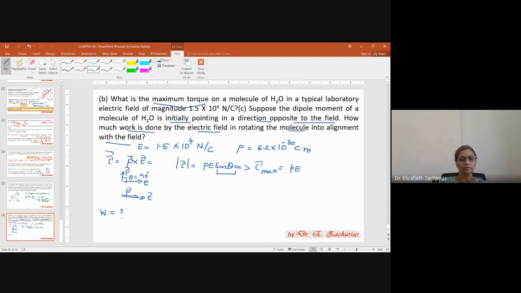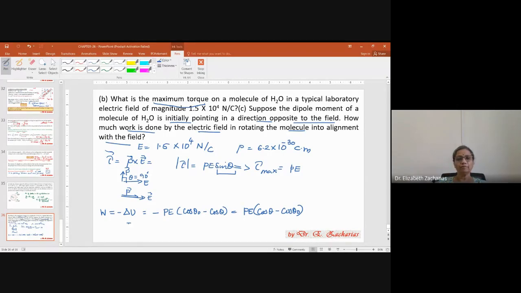Remember this? A few minutes back we wrote: work done equal to minus of change in potential energy. We wrote it as minus of pE cos theta minus cos theta naught, which, because there is a minus, you can simply say is pE into cos theta naught minus cos theta.